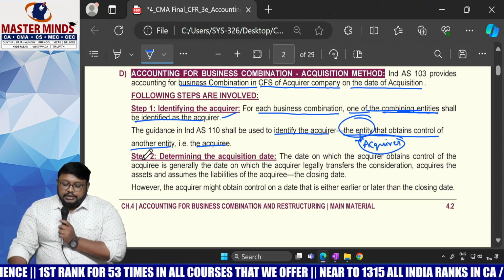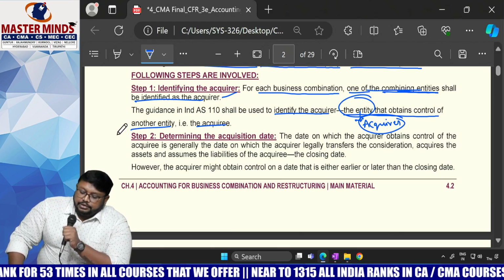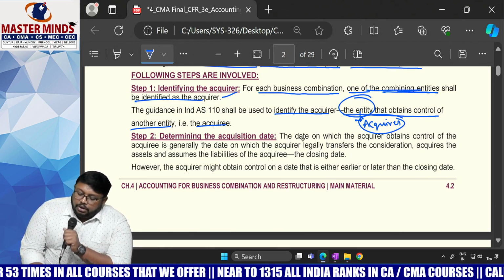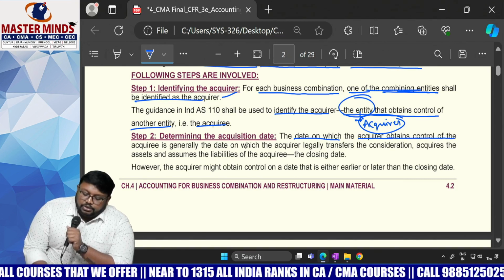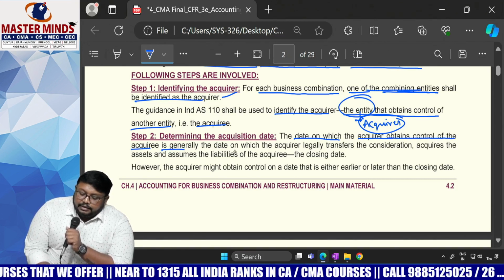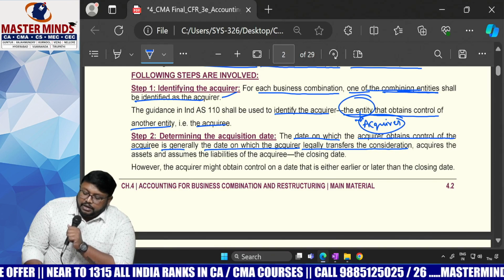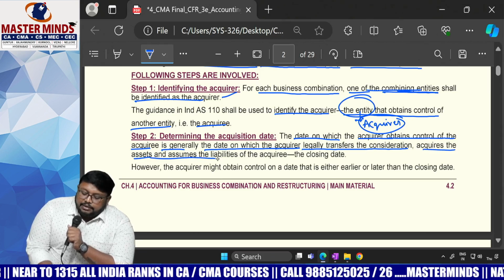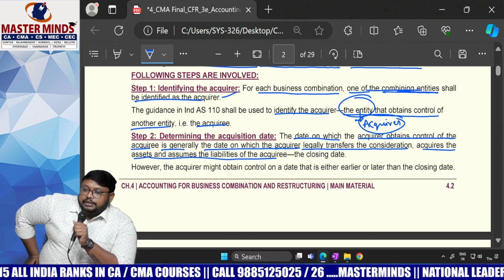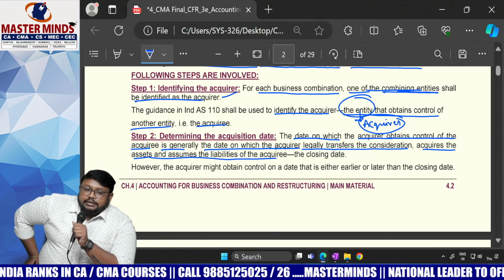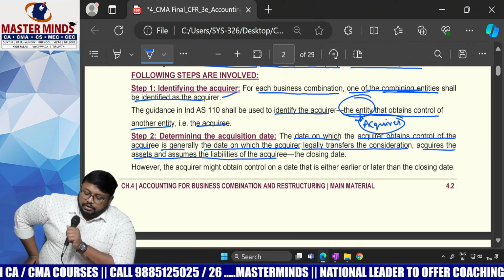Coming to step 2, determining the acquisition date. Date of acquisition, how can you determine? The date on which the acquirer obtains the control of the acquiree is generally the date on which the acquirer legally transfers the consideration and acquires the assets and liabilities of the acquiree company. The date on which we acquire the assets and liabilities, and pay the purchase consideration legally, we can call the date of acquisition.